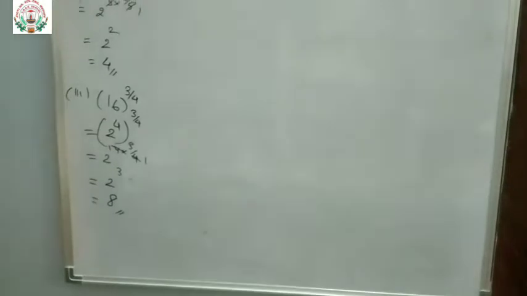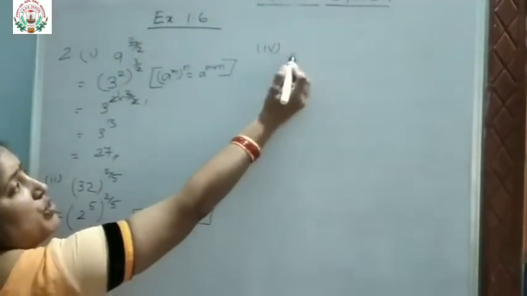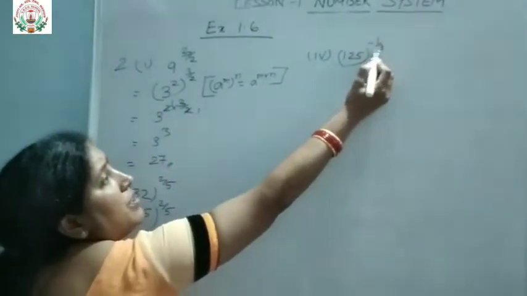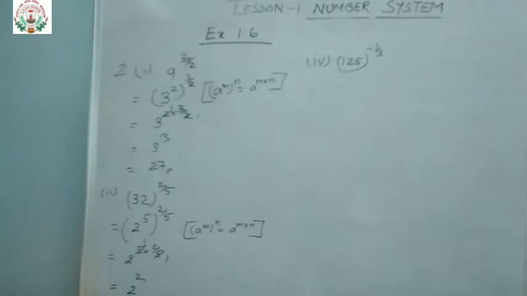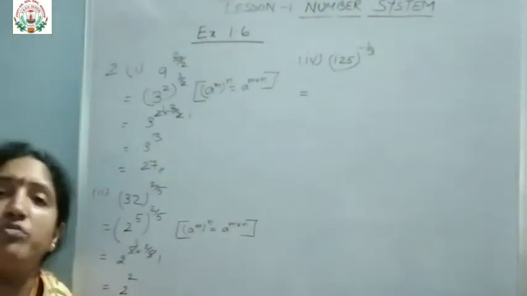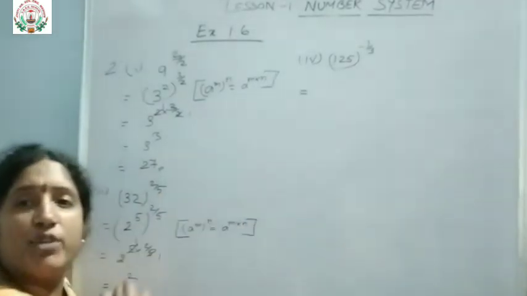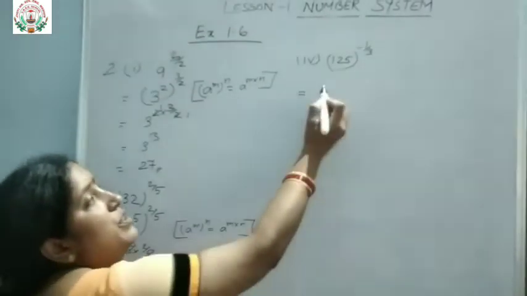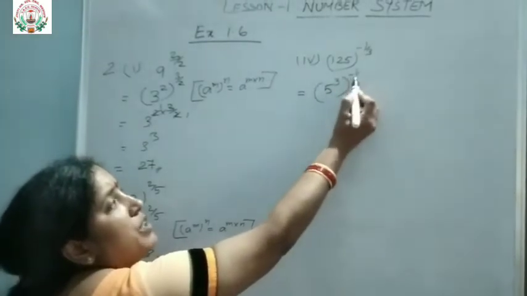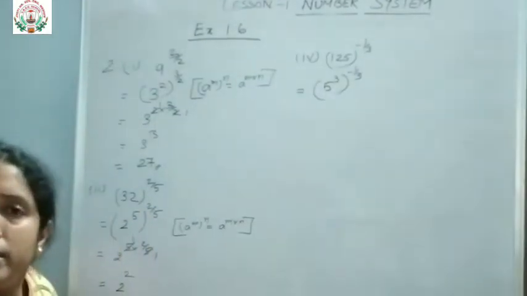Now comes the fourth question. The fourth question is 125 whole to the power minus 1 upon 3. The same way, we know 125 is a perfect cube of 5. So in place of 125 what will we write? 5 cube whole to the power minus 1 upon 3. Clear, children?